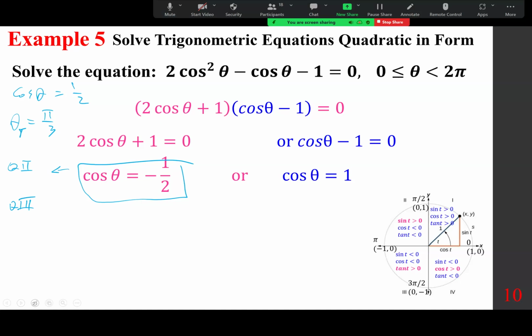In the second quadrant, pi minus the reference arc. In the third quadrant, pi plus the reference arc. So the answers are 2 pi over 3, 4 pi over 3. The other one we established is 0. So those are the 3 answers.